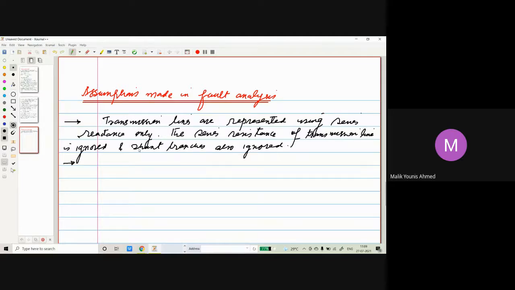Transformers are represented using leakage reactance only. And then magnetizing branch of transformers are ignored.